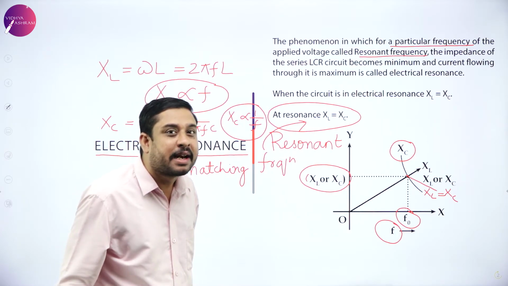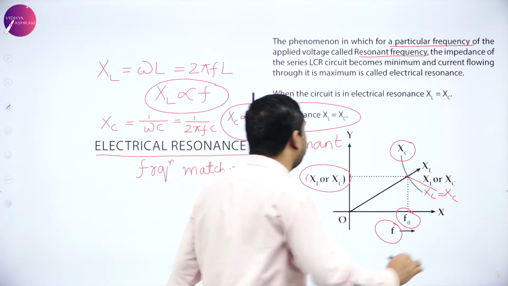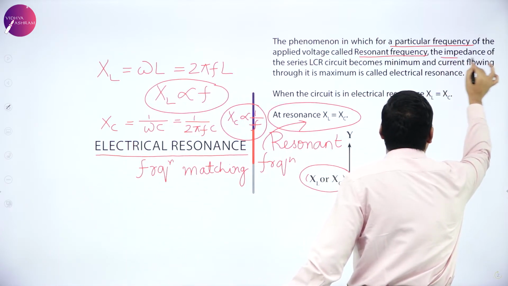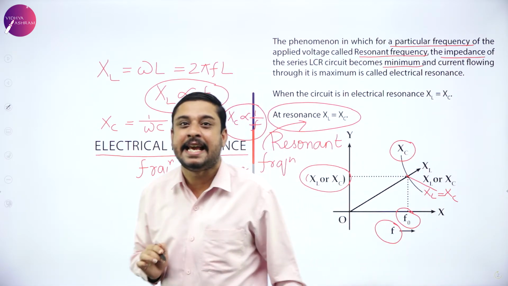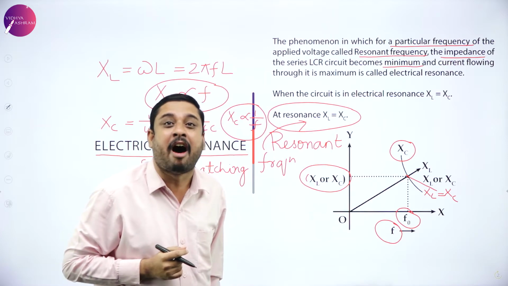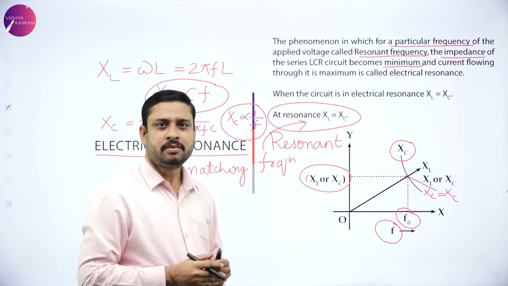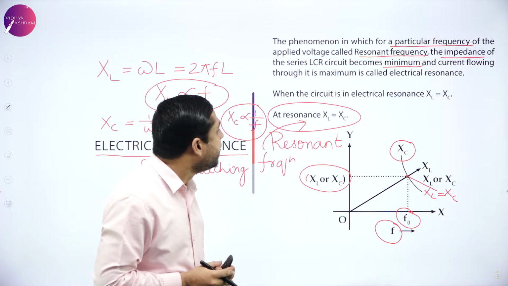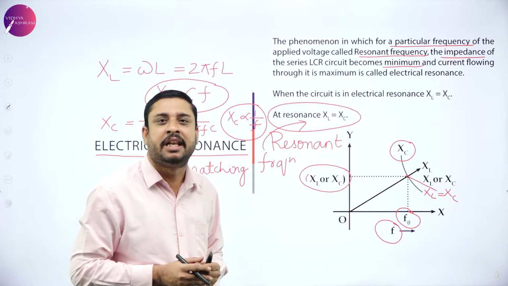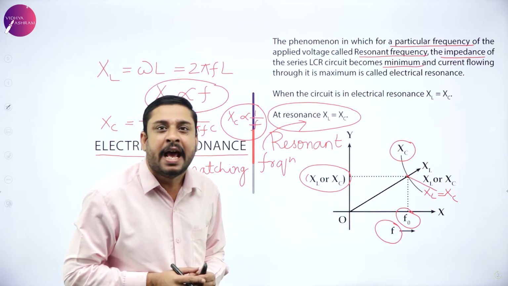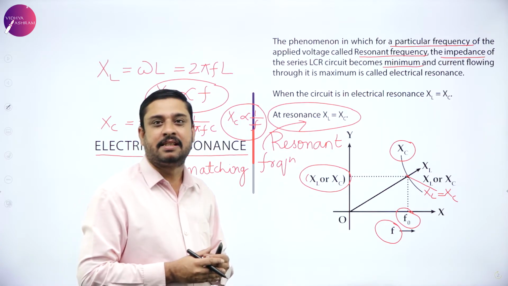What should happen at resonant frequency? Please understand, the impedance of the series LCR circuit becomes minimum. Now, what is this impedance? Go back to my previous derivation. I have derived an expression for impedance.